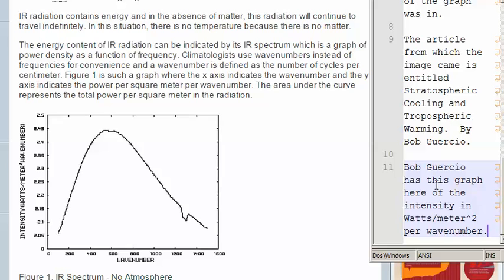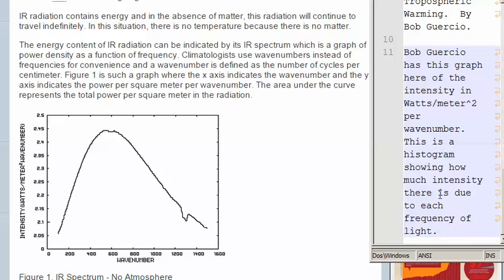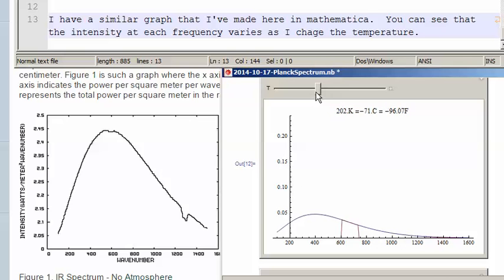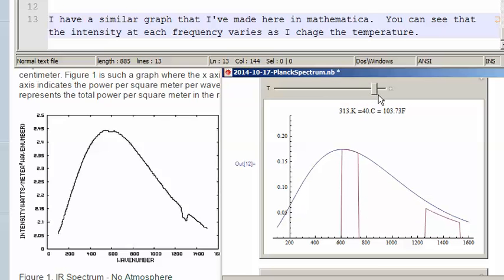Bob Guercio has this graph here of the intensity in watts per meter squared per wave number. This is a histogram showing how much intensity there is due to each frequency of light. I have a similar graph that I've made here in Mathematica, and you can see that as I change the temperature, the amount of intensity at each frequency changes.